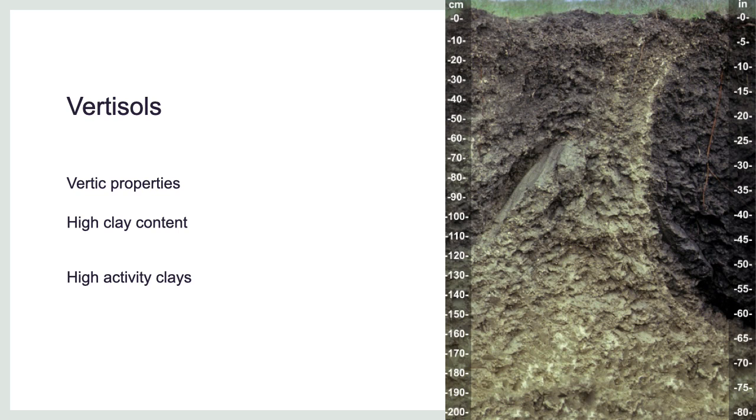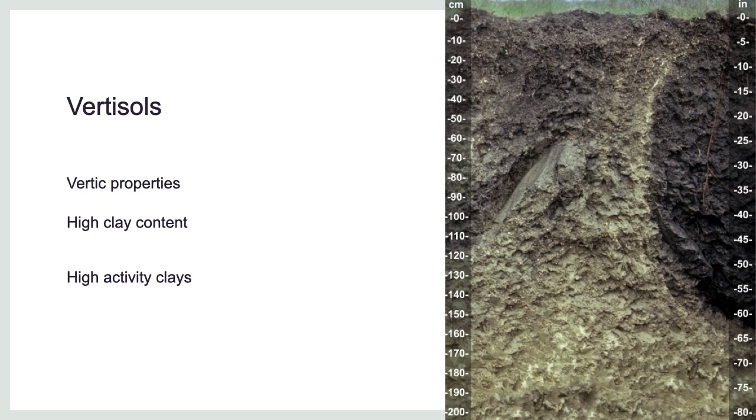These vertisols are not connected specifically to one specific horizon. So I cannot find a vertic horizon. No, I will find vertic properties, properties that express a high content of clay, and these clays register high activity. So they are 2-to-1 minerals that can easily shrink and swell according to the moisture content.